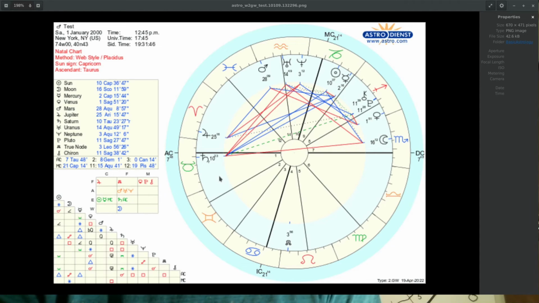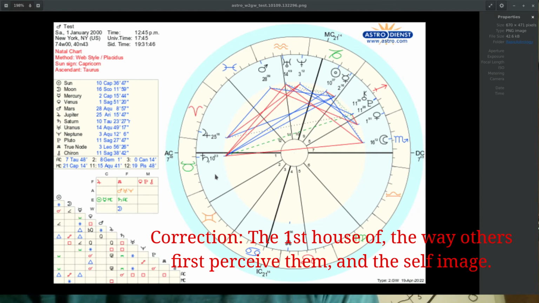Now we can go over here and see there's an opposition. Moon and Saturn, opposition. That is going to mean there's going to be a tug of war between their emotions, their intuition, their inner self, and the way their mastery and their limitations and their restrictive nature in earthly Taurus, in the 1st house of the way they perceive others and the self-image.